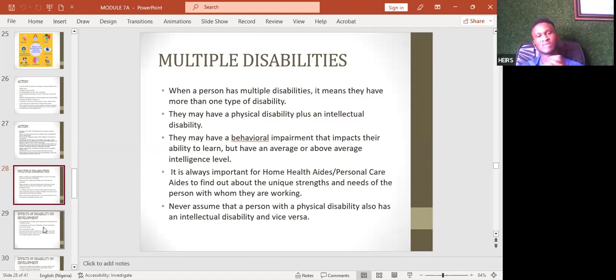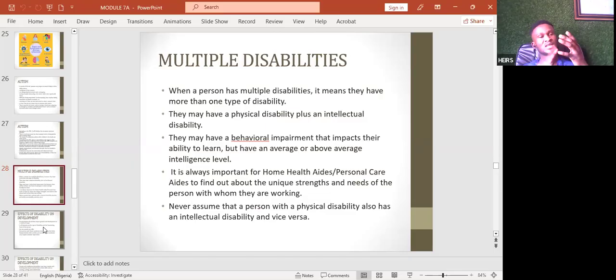Now, never assume that a person with a physical disability also has an intellectual disability, and vice versa. What are we saying? Multiple means more than one disability. So one person having more than one disability is simply multiple disabilities.